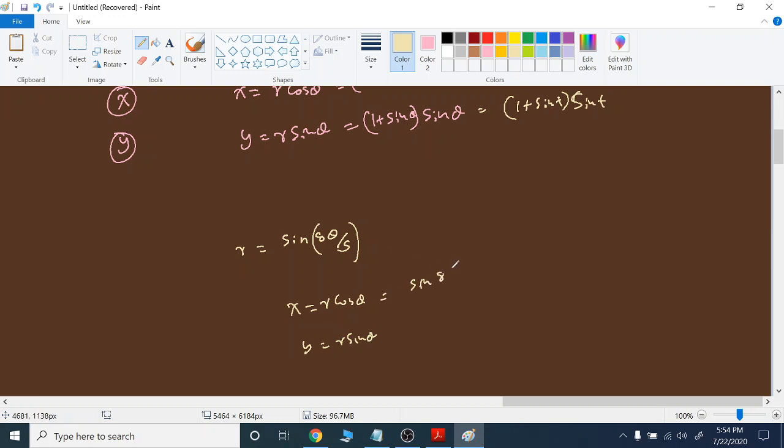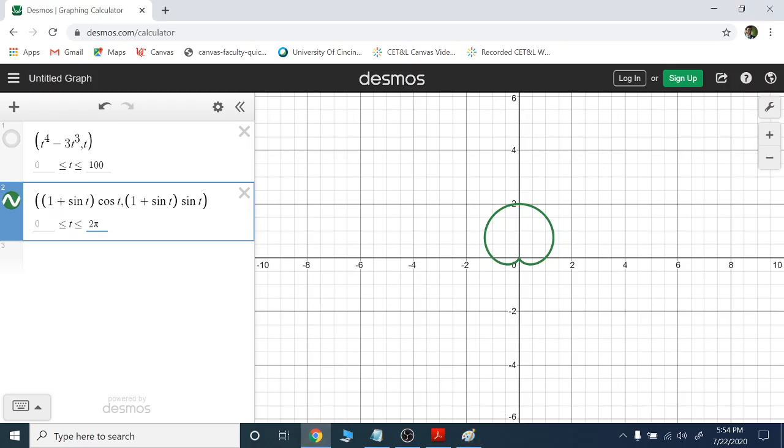Now I am replacing theta with t, so this will be sine 8t divided by 5 times cos t, and sine 8t divided by 5 times sine t. And if I write these two in the parametric representation, I am disabling the second curve and entering.